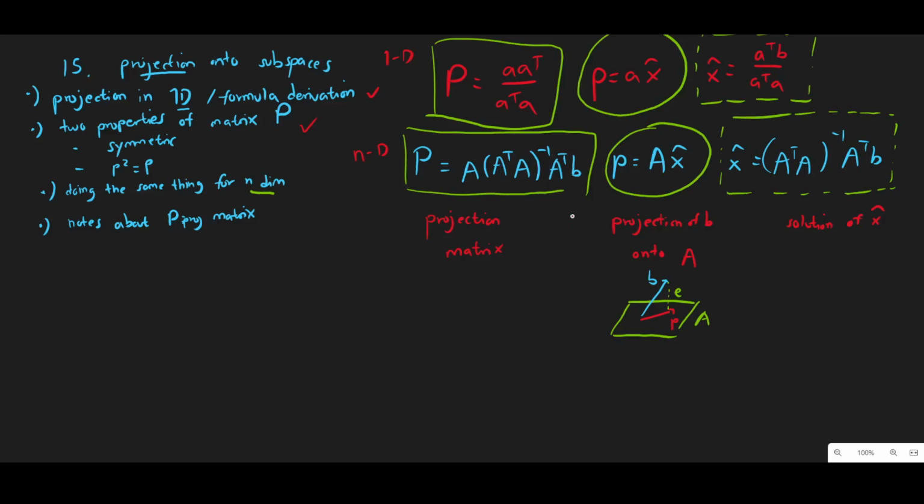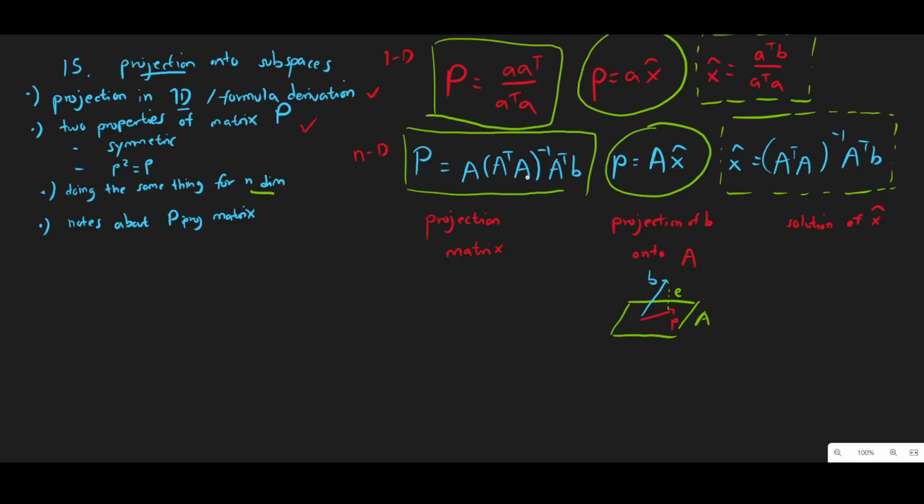I think it's just beautiful to see this in comparison, and it's not much different, except you replace the little a with the capital A and do some reordering, because here we are dealing with matrices and we no longer can divide by a matrix.